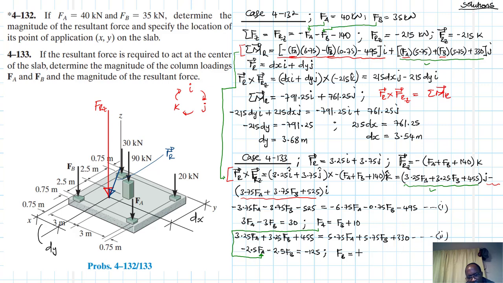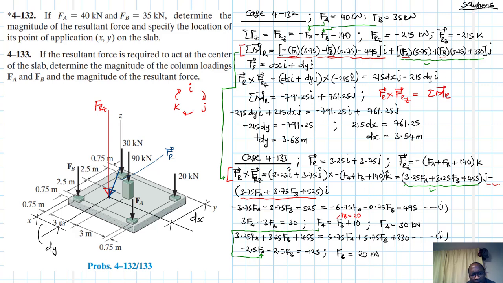Okay, so this gives us 20 kilonewtons. And since we found the 20, we can replace FB here. We know what FB is, so we can replace it. And once we do so, we'll find that our FA is just going to be equal to 30 kilonewtons.